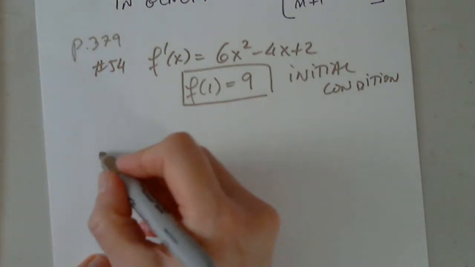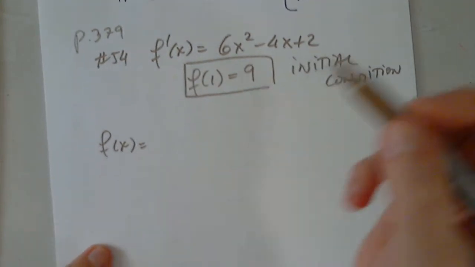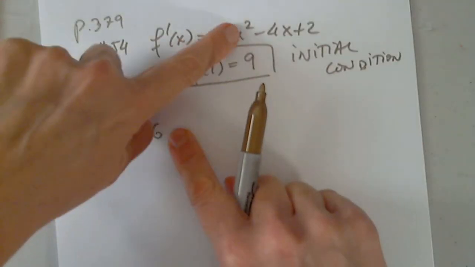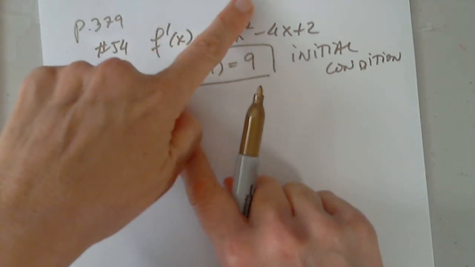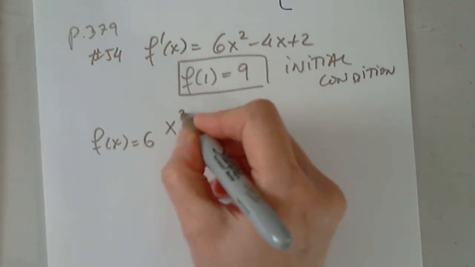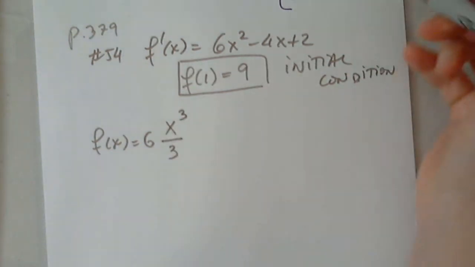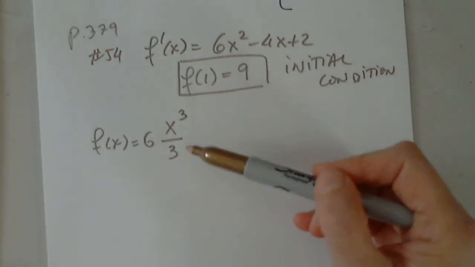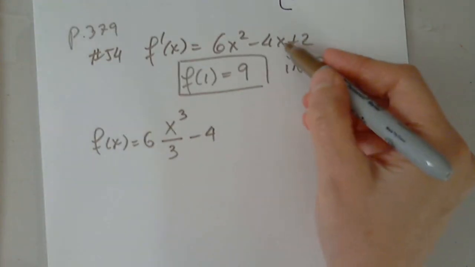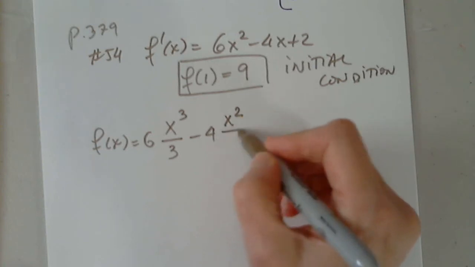Good. So in order to find f of x, I have to ask myself what function prime will be 6x squared. But I have the formula right here in front of me, which states that I have to increase the power by 1 and divide by that power. Minus 4x: in order to get x, I have x squared over 2.